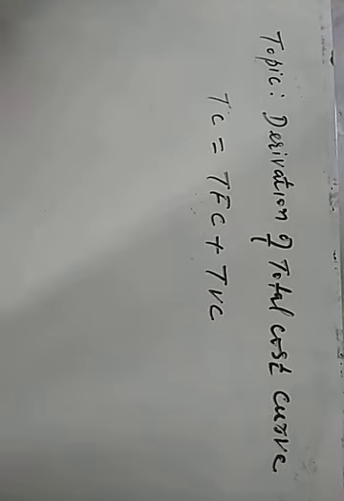As in our previous lecture, we have learned how to derive the total fixed cost curve from given data, and the total variable cost curve. Now we will derive this total cost curve with the help of the values of total fixed cost and values of total variable cost.